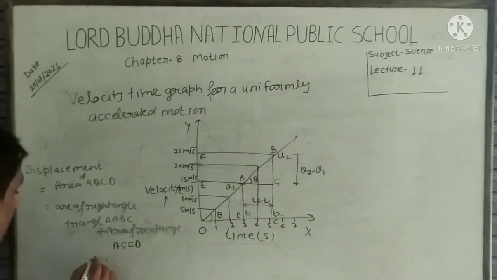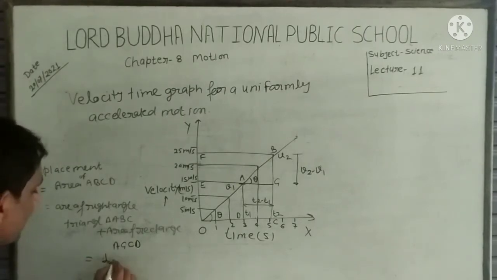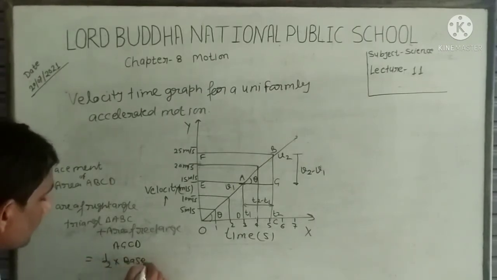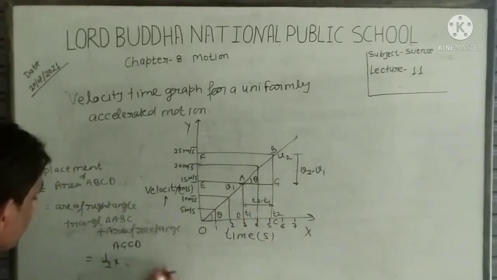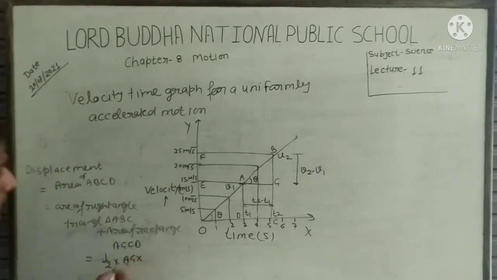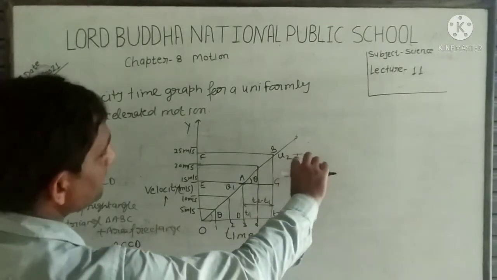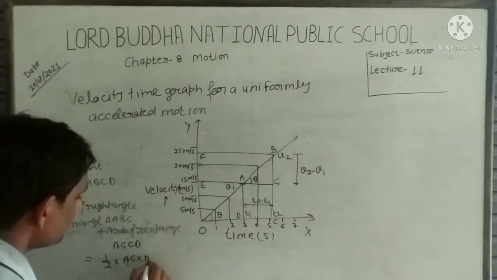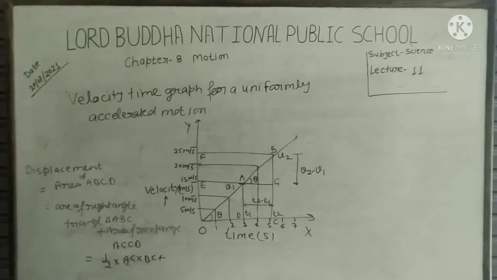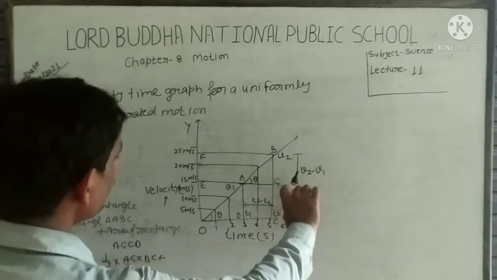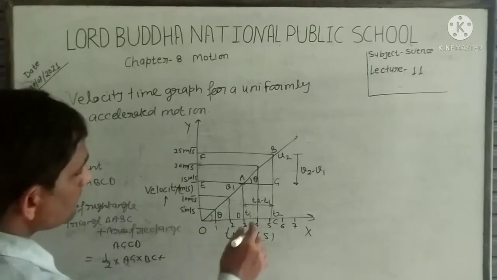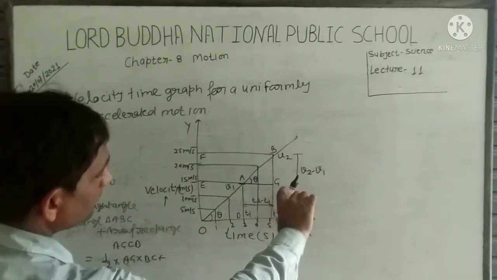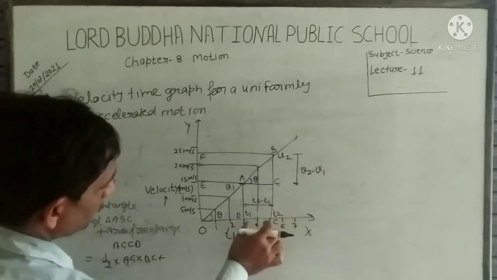Okay. So area of right angle triangle is 1 by 2 base into height. Base is AG into height. Height is BG. Plus area of rectangle, length into breadth. Length into breadth means here GC into CD.